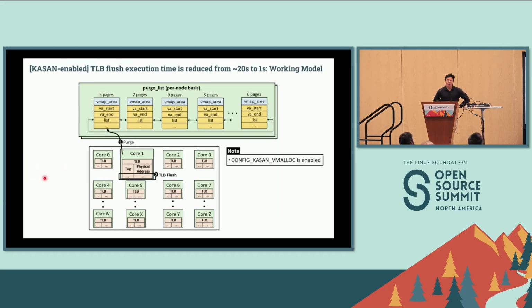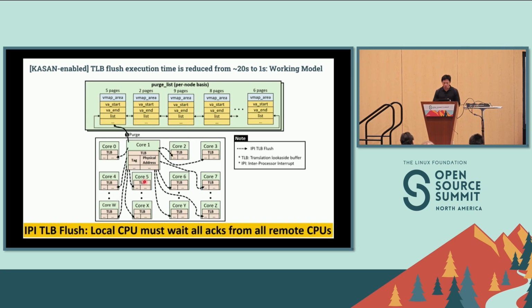So let's break down what's happening behind the scenes. Each time we purge the VA objects in the list, it requires a TLB flush to invalidate the corresponding TLB entries for that vmalloc address triggered by KASAN. So the local CPU has to send an IPI TLB flush to all remote CPUs.